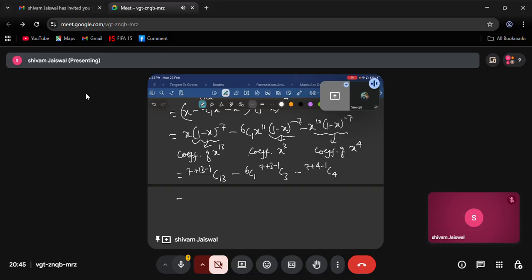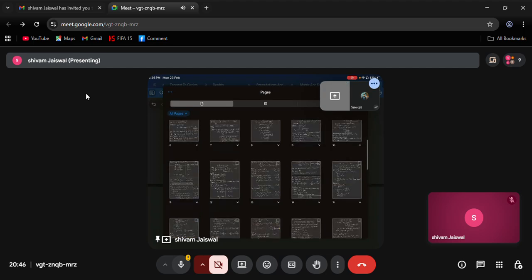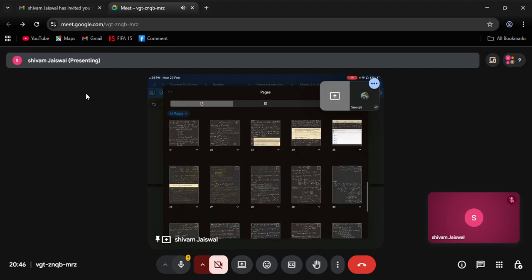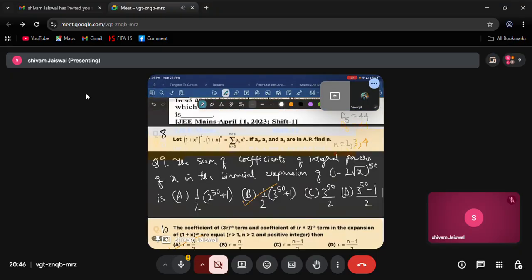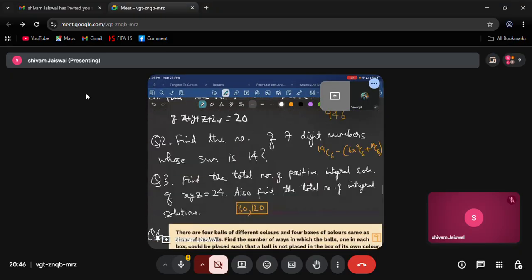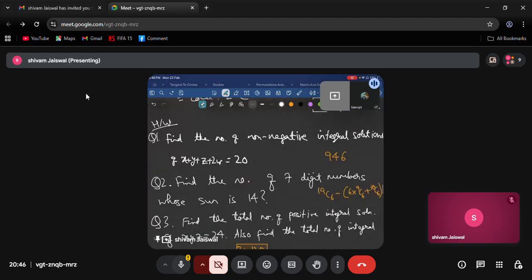Are we getting the same result? Tell me everyone. 19C13 minus 6C1 into 9C3 minus 10C4. Are we getting the same thing? Tell me. The one in the homework solution: 19C6 minus 6 into 9C6 plus 10C6.